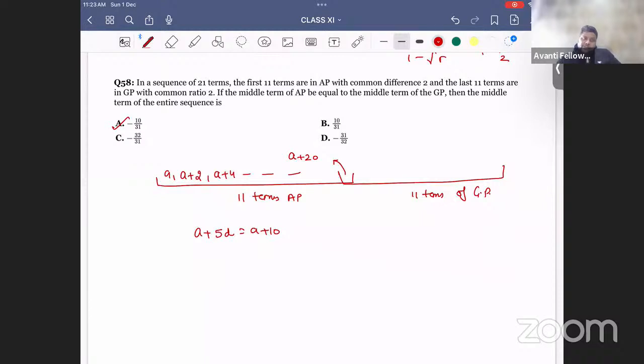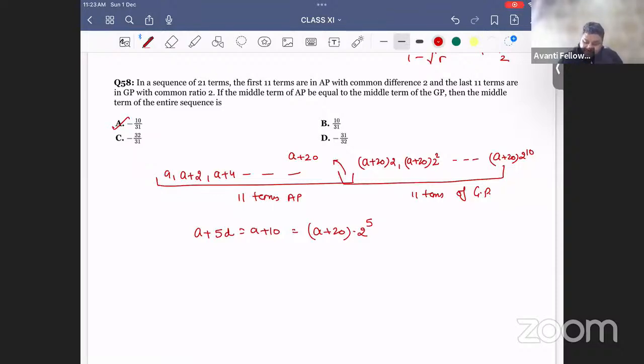Now this is A plus 20. Next term will be (A plus 20) into 2. Next will be (A plus 20) into 2 square and so on, (A plus 20) into 2 to the power 10. So here the exact middle term will be (A plus 20) into 2 to the power 5. Got it?